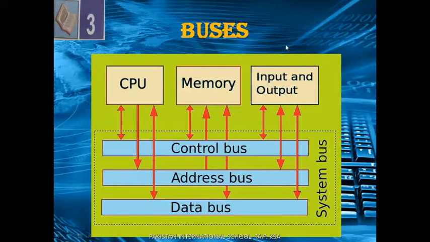So all components inside the computer system can transfer instructions, data, and addresses with the help of buses, and all components are linked together with the help of these sets of wires. Students, remember that when we combine the data bus, address bus, and control bus, the combination of these three buses is called a system bus.